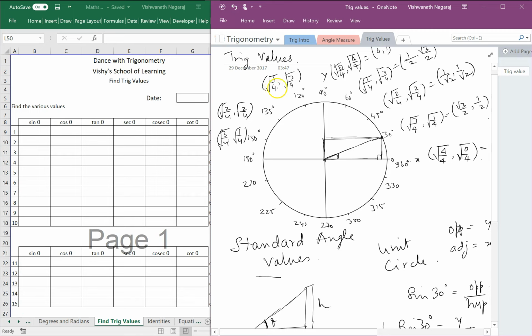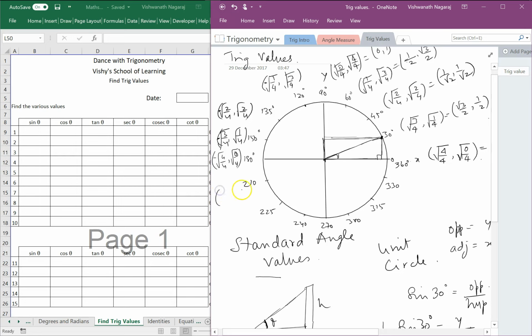Now x is actually negative, isn't it? Because we are going to the left, so cos becomes minus, so keep adding minus sign. Y is positive, right? So here what happens? It becomes minus square root of 4 by 4 comma square root of 0 by 4. You know how to simplify this now.